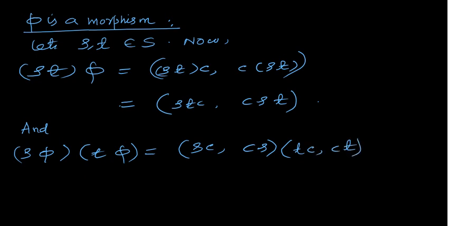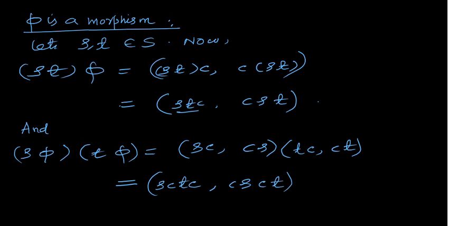Here both L and R are semigroups, so the product in L cross R is component-wise. It's equal to SCTC, and this one is equal to CSCT. Now the first should come out equal to STC.